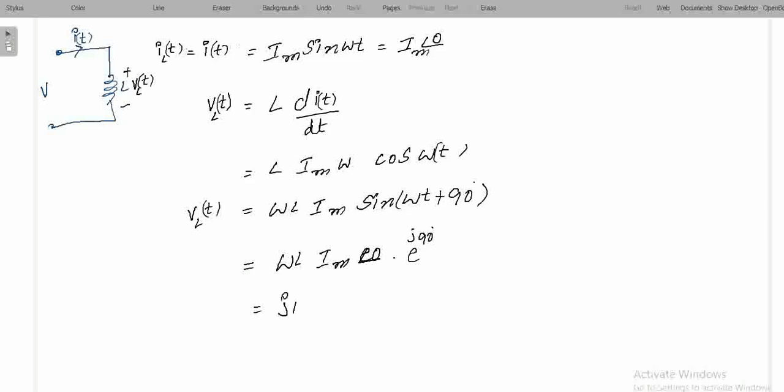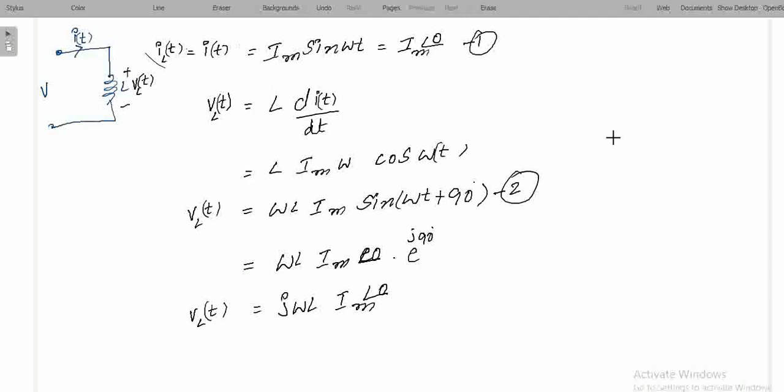So j into omega L Im with 0 phase. This is your VL of t. So j omega L is nothing but your inductive reactance. If I consider this as equation number 1, observe this equation number 2.